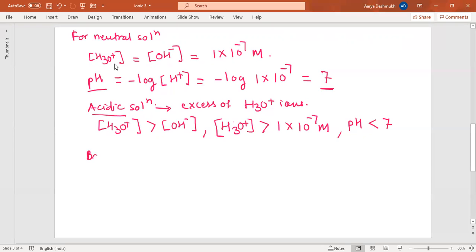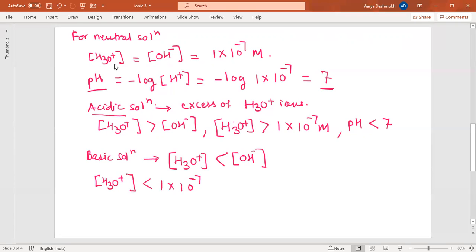For a basic solution, what are the conditions? The concentration of H3O plus protonium ion is less than the concentration of OH minus ion, isn't it? Or the concentration of protonium ion will be less than 1 into 10 raised to minus 7.